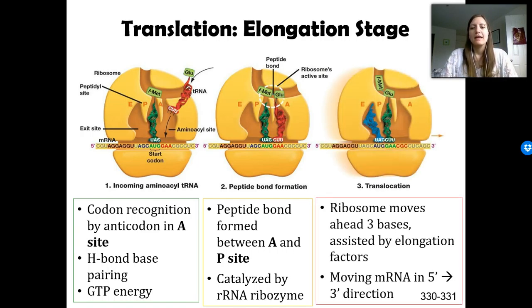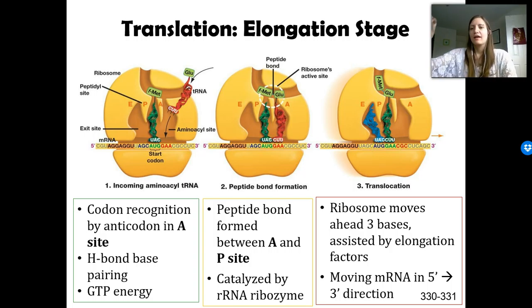The next step is that the ribosome is actually going to move. We're pulling that mRNA along because we need to free up that active site. We need to free up that aminoacyl site. So that mRNA gets tugged, and you can see this here. The GAA was here in the A site. Well, now it's being moved to the P site. We're pulling that mRNA.